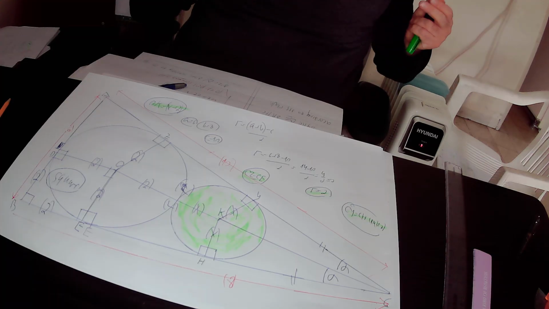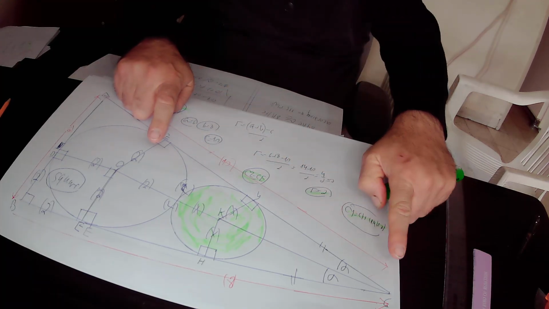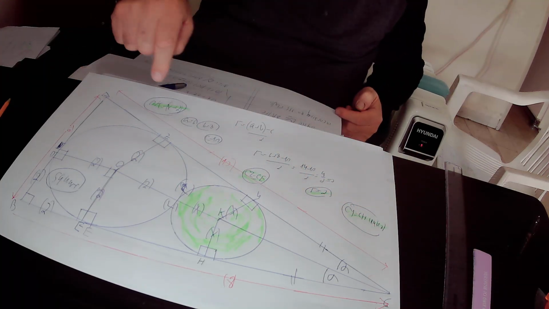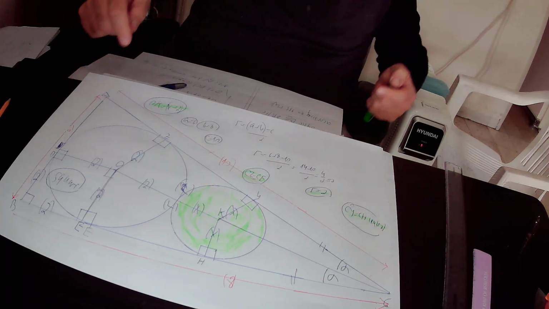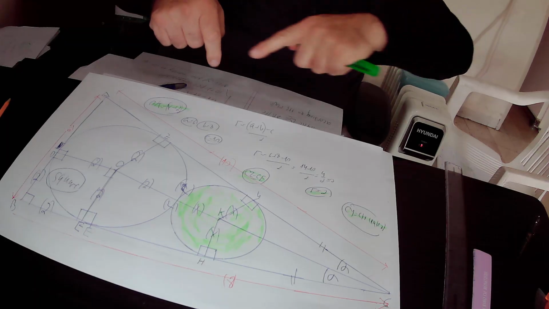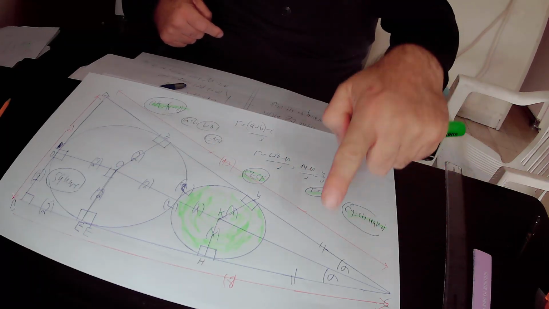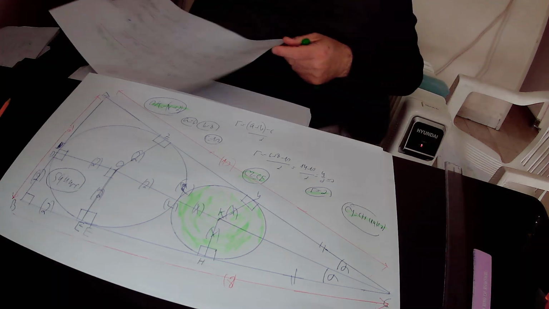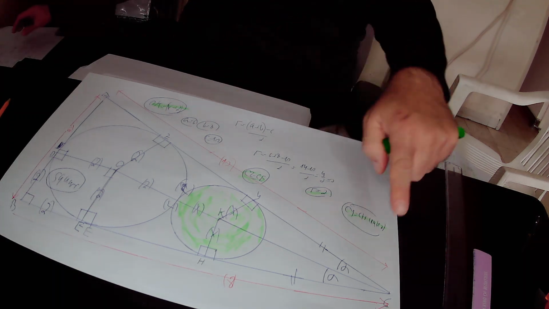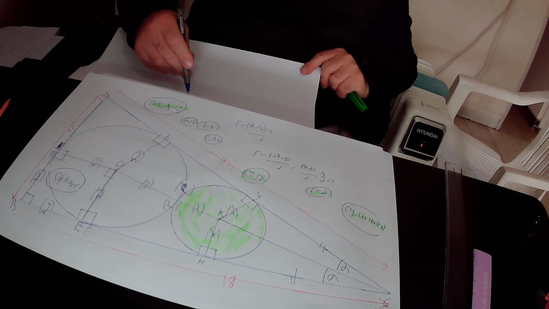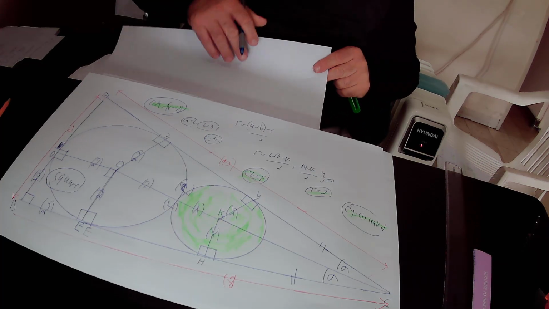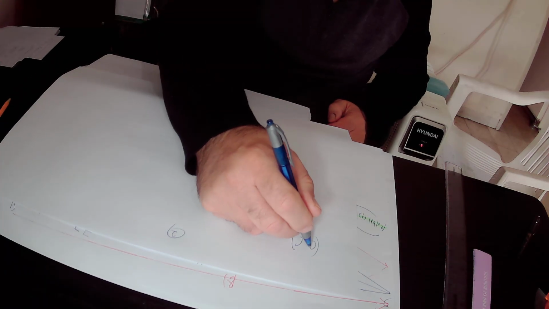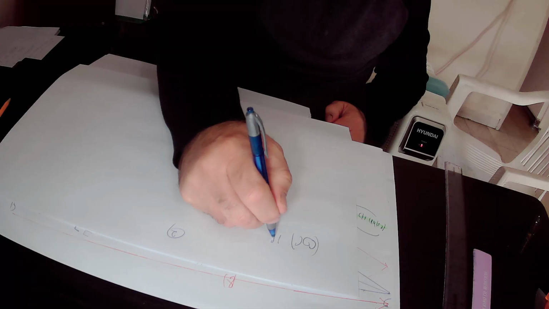So in total we found out that OC is the angle bisector of angle ACB. Again, OC is the angle bisector of angle ACB because it bisects angle ACB into two halves, each half equal to alpha. So we found out that the common side OC is the angle bisector.